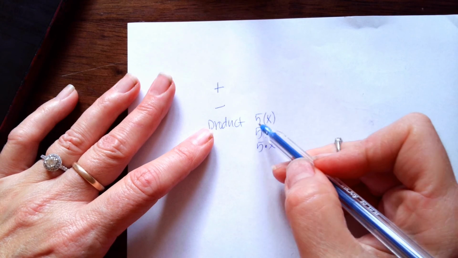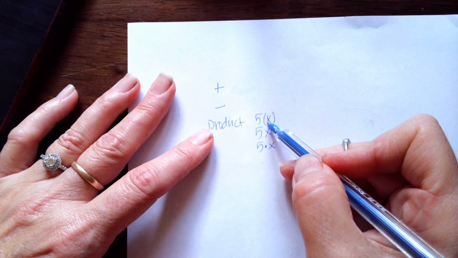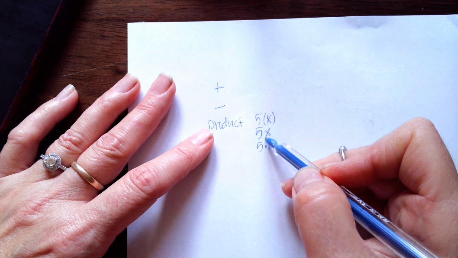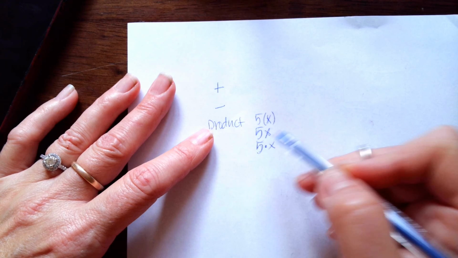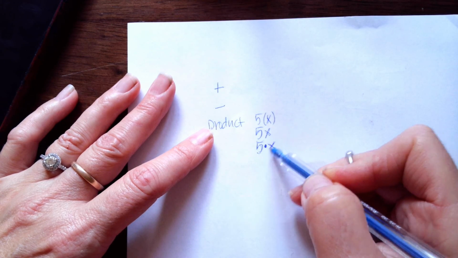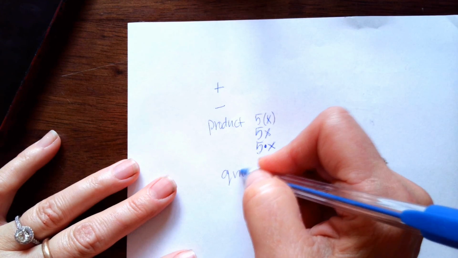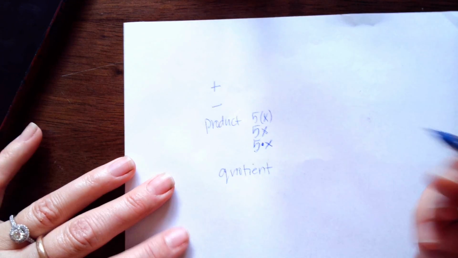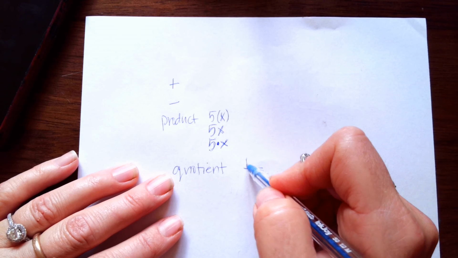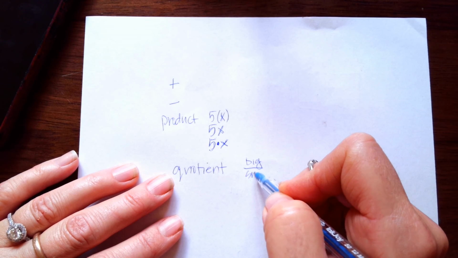So it's either 5 parentheses a number, 5 next to a letter, or 5 with a dot, and x. Quotient means division, and now we show division as a fraction. The big number goes here and the small number goes here.